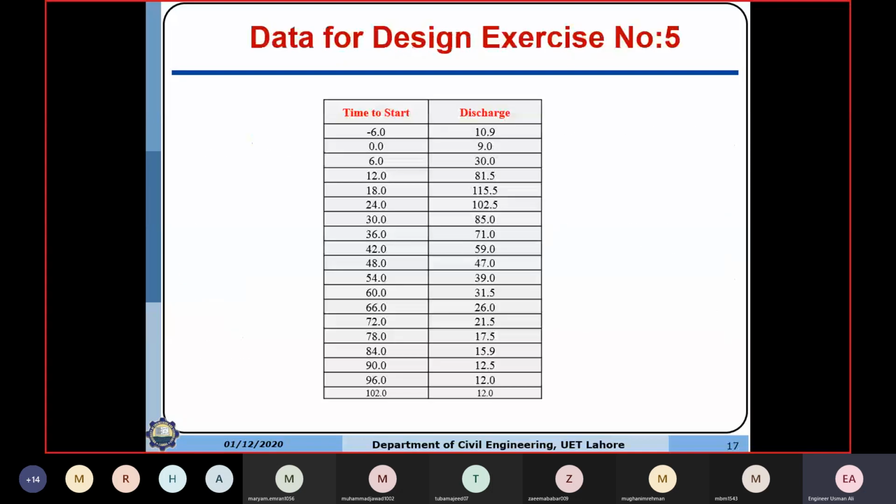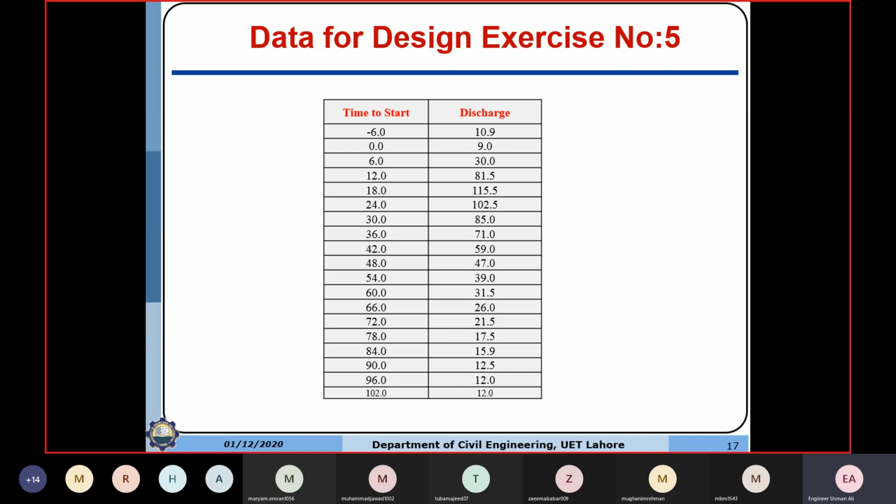This is the data given to you: time since start in hours and the discharge in cubic meter per second. You have been given a catchment area of 400 square kilometer of a river, and as a result of 6-hour rainfall on that area, it produces certain flow or discharge at the outlet of the catchment area.